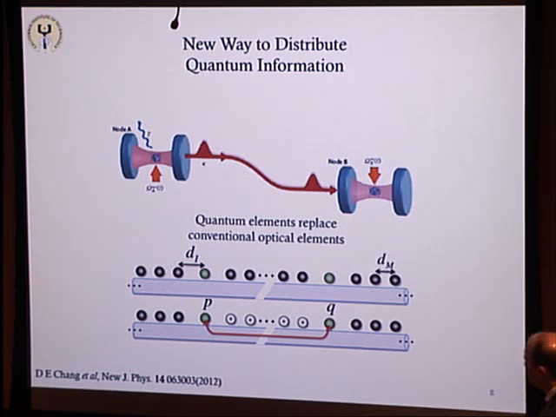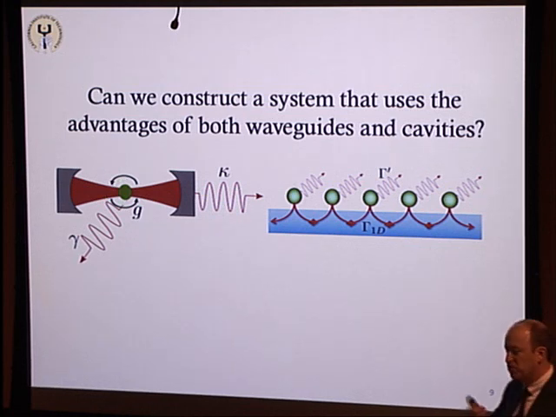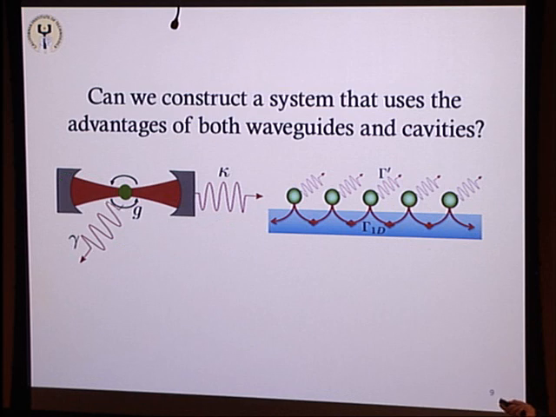And so a further question that you could ask is, well, the coupling wasn't all that great for these atoms to these 1D waveguides, so is there a system that we could construct that takes advantage of strong coupling of single atoms to a structure, whether it's this cavity, and the fact that we can put a whole bunch of atoms on a waveguide and utilize these on-waveguide types of quantum memories that I just talked about.